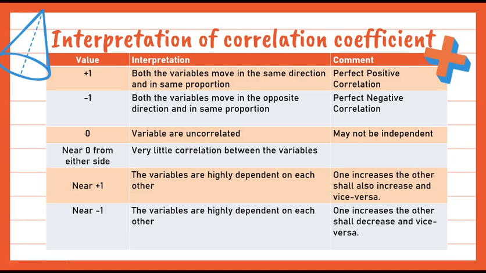Now, if the correlation is near -1, say -0.7, -0.85, -0.93, it means that there is a negative relationship between the variables. If one variable increases, the other variable decreases and vice versa. So these are some rules of thumb which will help you to understand and interpret the correlation coefficient.